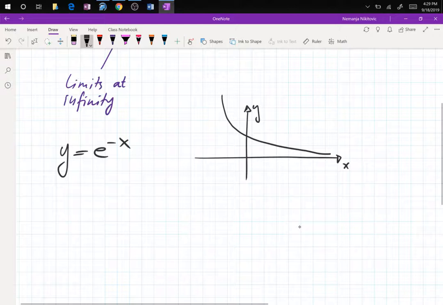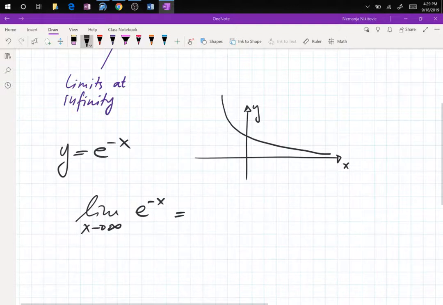And what is happening as the limit of x goes to infinity of e to the negative x? So where is the y value going as x goes to positive infinity? Zero, exactly.